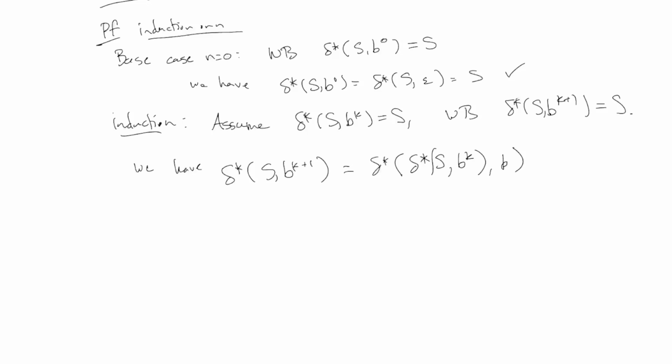I hope that's what you said. And then for that first s and b to the k, I use the induction hypothesis. And this looks like delta star of s, comma, b. The induction hypothesis said delta star of s, comma, b to the k is s. So that's right here. And then delta star of s and b means if I'm in state s and I do b, where do I go? And the answer is s. So this is s.